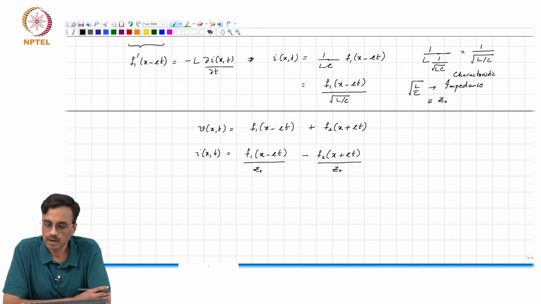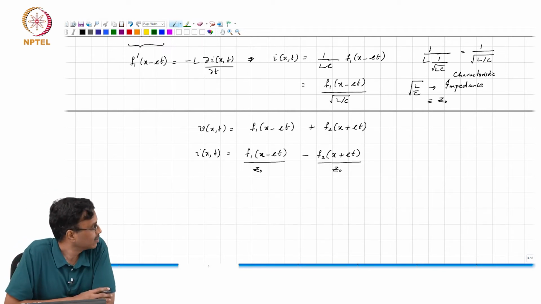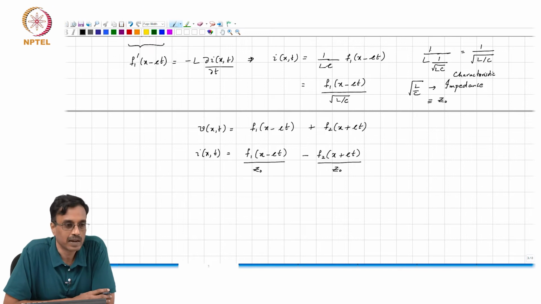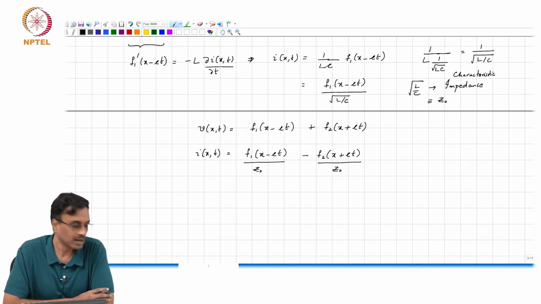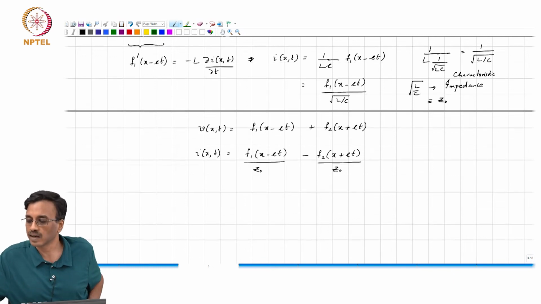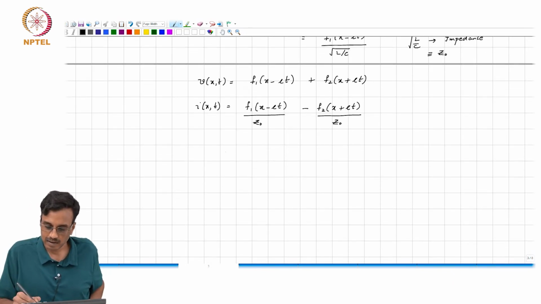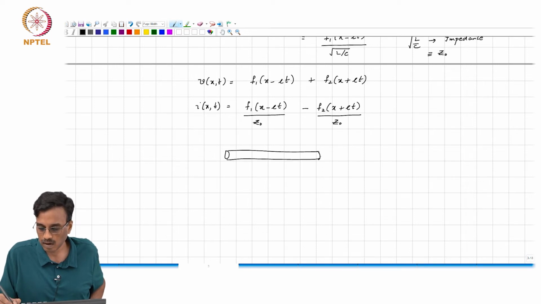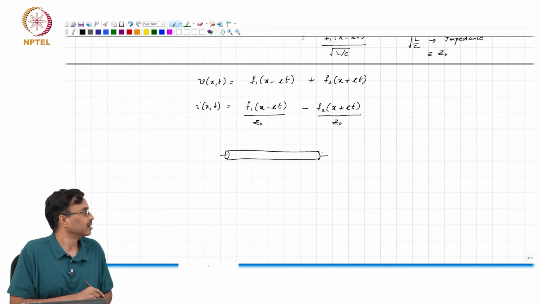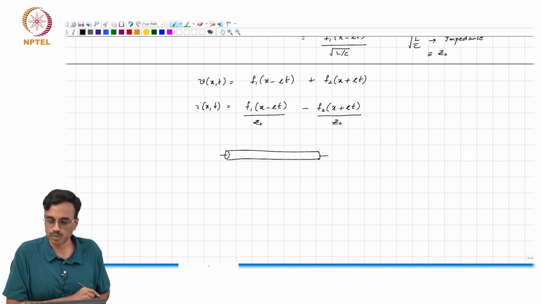Alright. So, fortunately, it turns out that there is a nice way of interpreting these results. What this math is telling us is that, basically, this is the symbol for a transmission line.